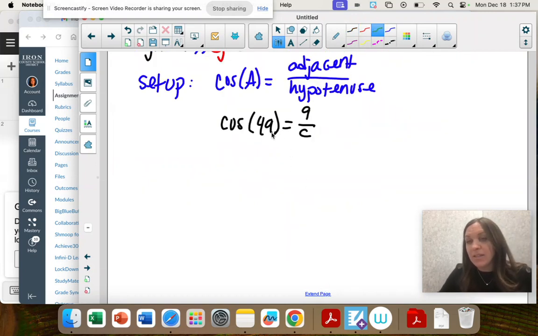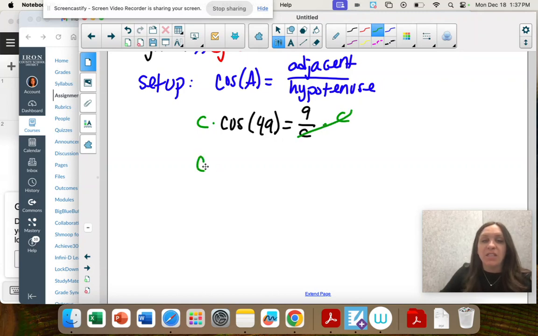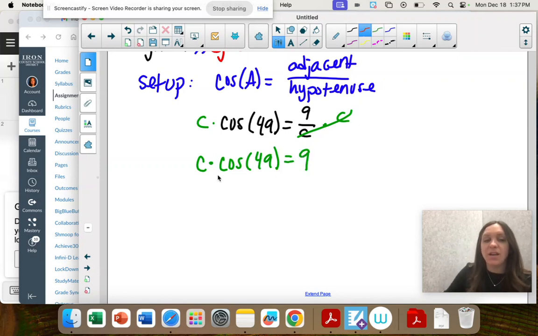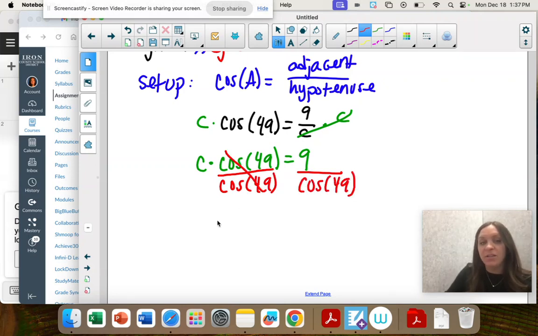So this one has an extra step when we solve, because now when we get rid of the fraction, you always get rid of a fraction by multiplying by the denominator. We have c times cosine of 49 equals 9. But to get c by itself, we divide both sides by cosine of 49. So times, then divide.